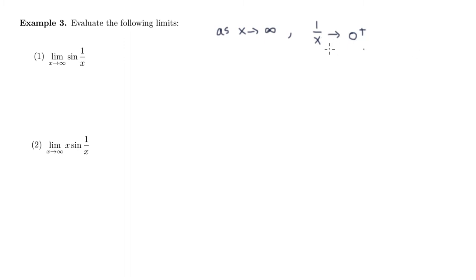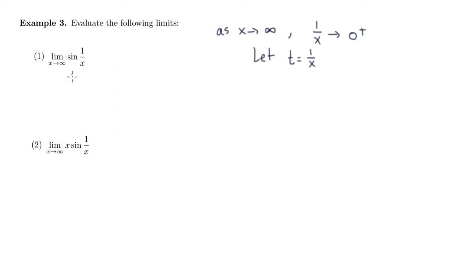So now if I let t equal 1 over x, what is that going to tell me? Well, as x goes to infinity, what's happening to t? t is approaching 0 from the right.